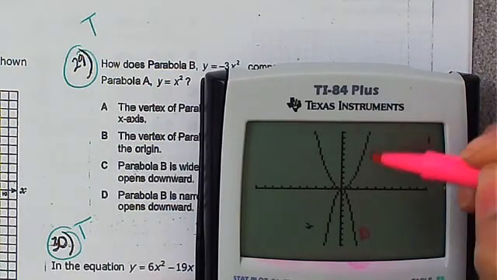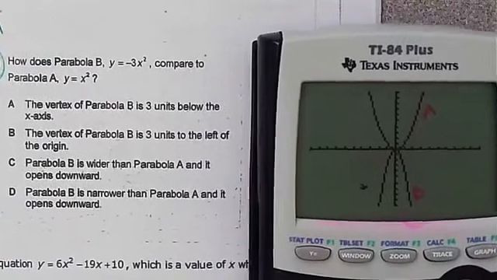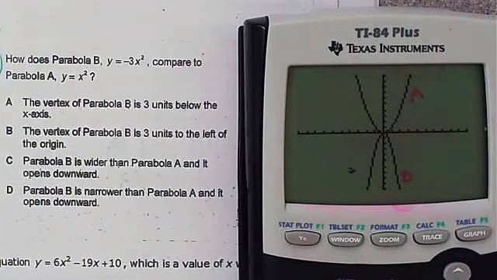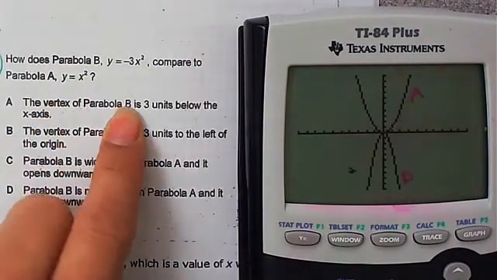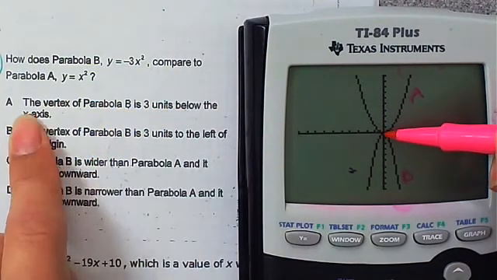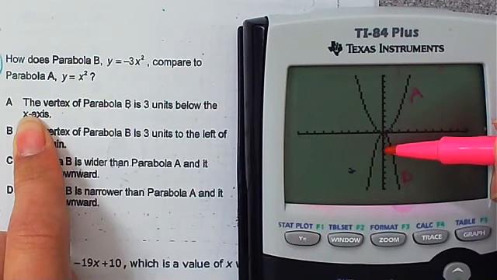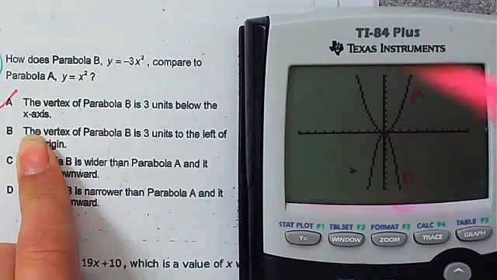That's parabola B. And that's parabola A. Why do I want to do that? Because of the way the answer choices are mentioned. I'm going to get confused if I don't. The vertex of parabola B, so here's the vertex of parabola B, is 3 units below the x-axis. Is this point down here? No.